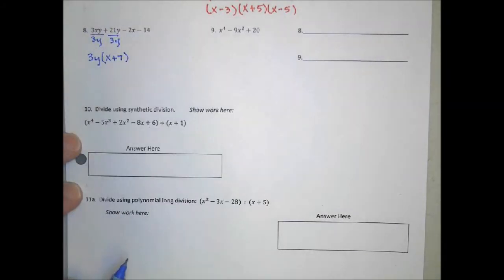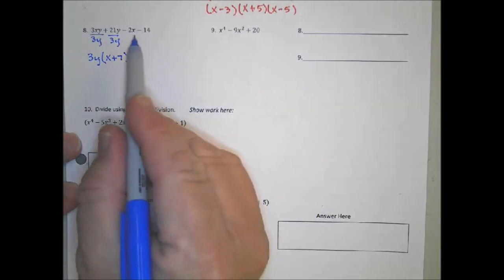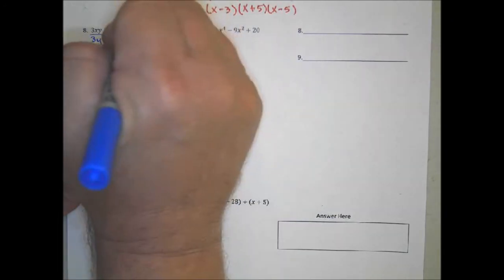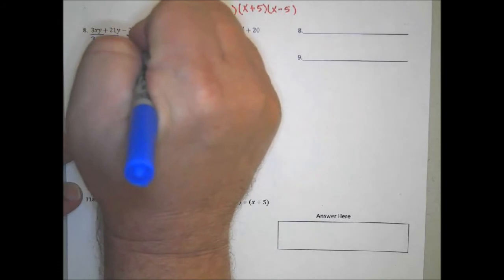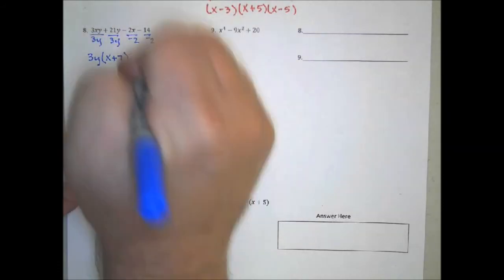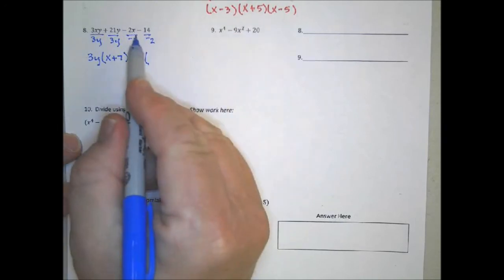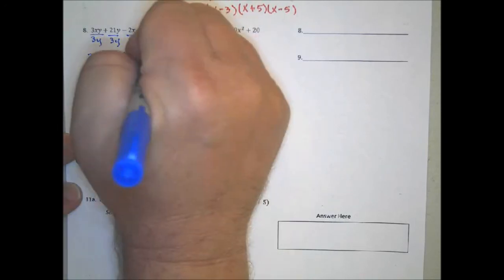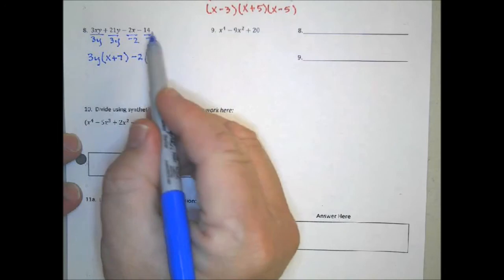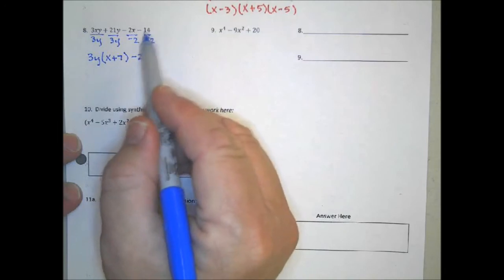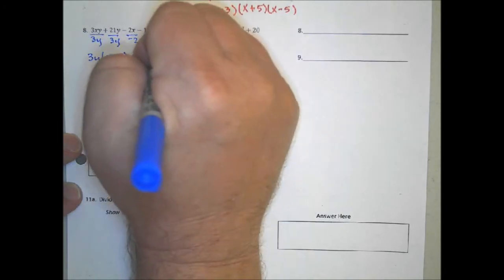Now for the second 2 terms. Looks to me like what they have in common is a -2. So I'm going to factor out a -2, and what's left is an x right there. And then notice the change of sign. -14 divided by -2 is positive 7.